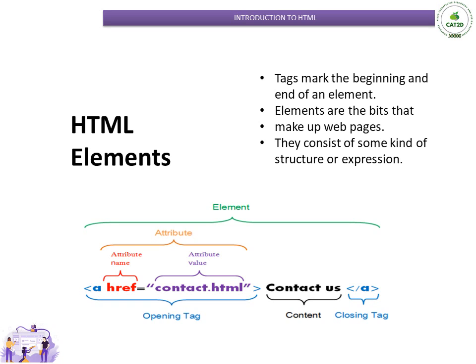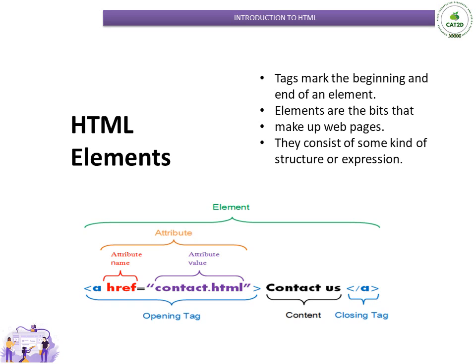For an element, the beginning and the end of that element must start with an opening tag and close with a closing tag. And closing tags are always different from the opening tag. They have the same name, except that the syntax is actually quite different.